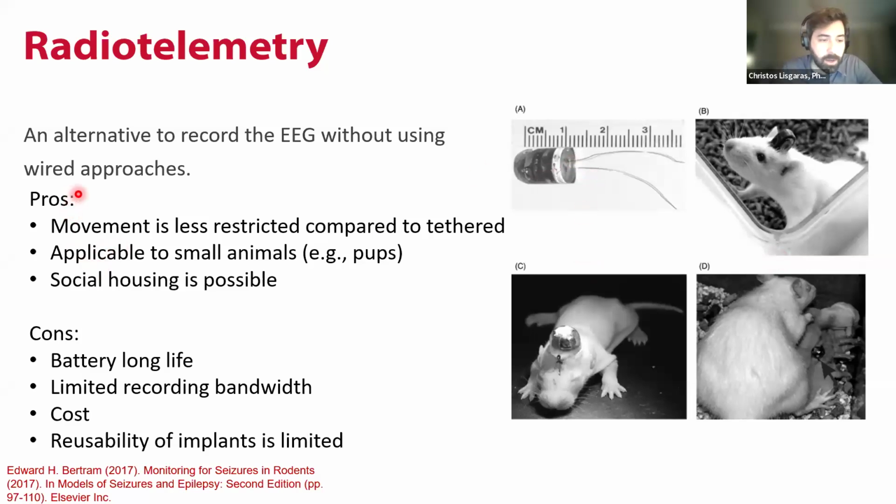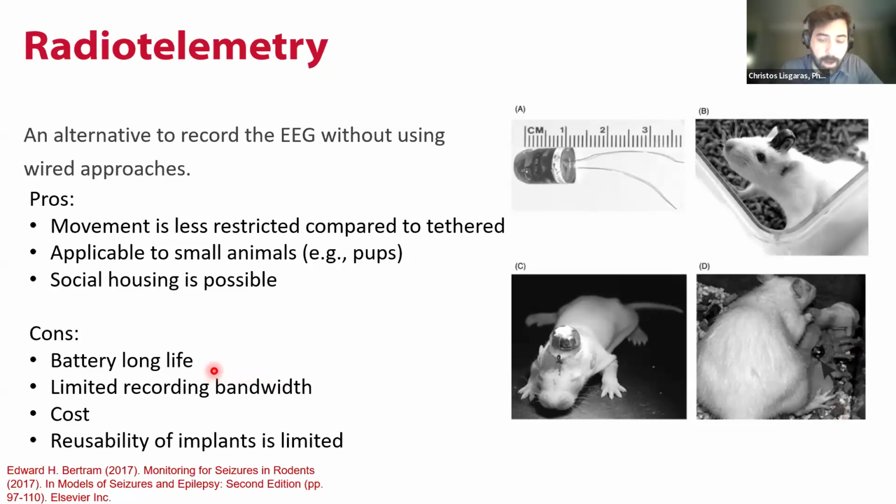So some of the advantages of the approach is that movement is less restricted compared to tethered. It can be applied to small animals like pups, as you can see here. They can go back to the home cage with their mom. And social housing is possible, as you can see here.